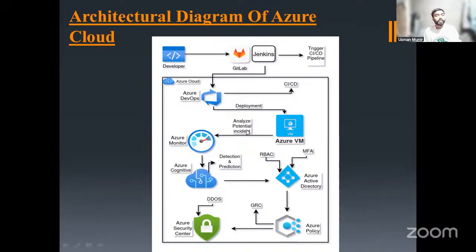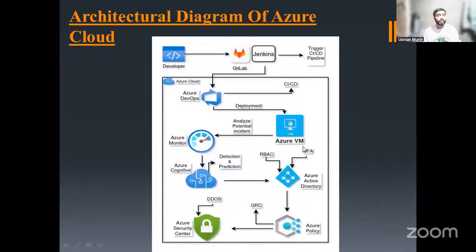Azure Monitor analyzes potential incidents, Azure Cognitive Services is used for detection and prediction, and Azure Active Directory is used for role-based access control and multi-factor authentication. Azure Policy is used for governance, risk, and compliance to maintain local and country regulations and laws. For protection against DDoS attacks, we will use Azure Security Center.